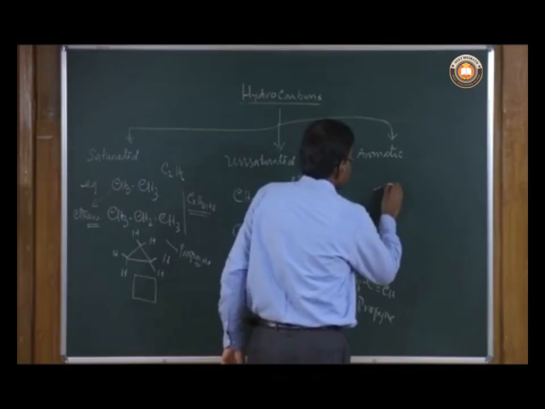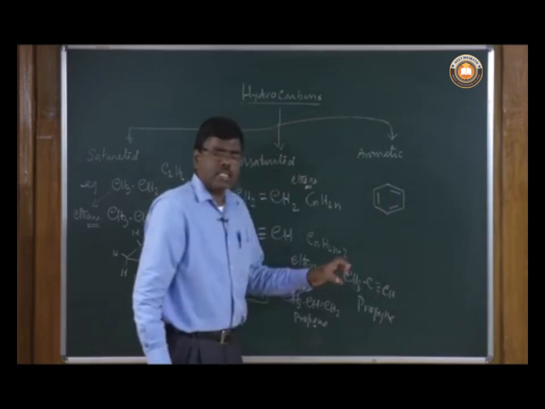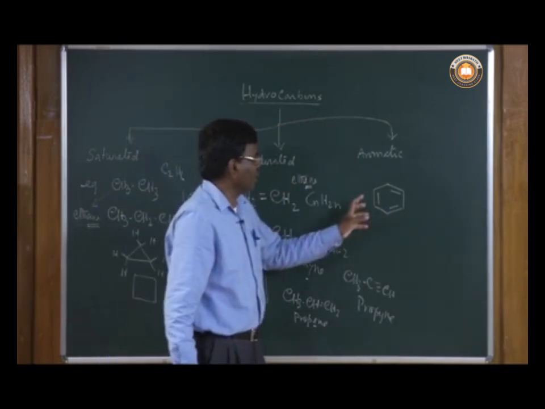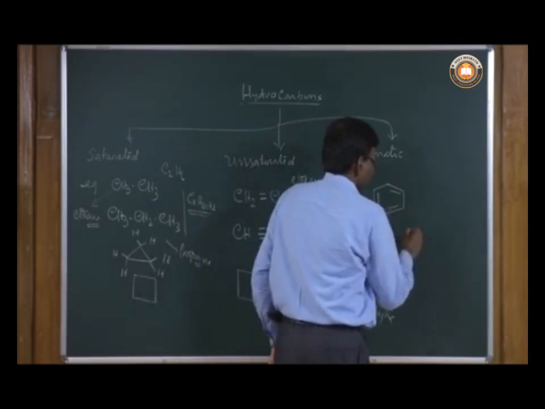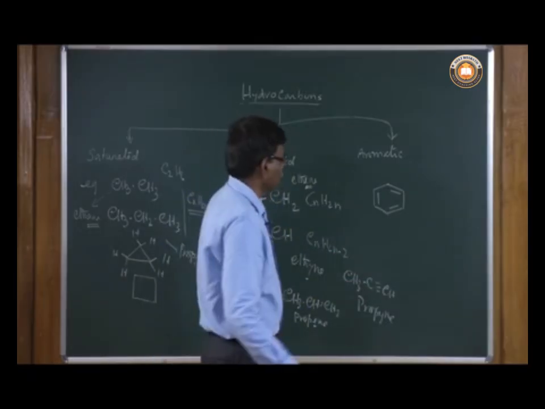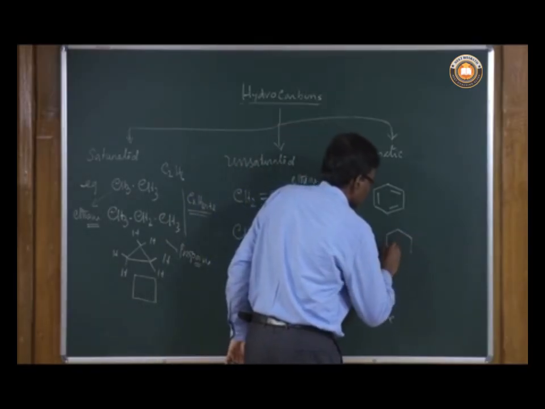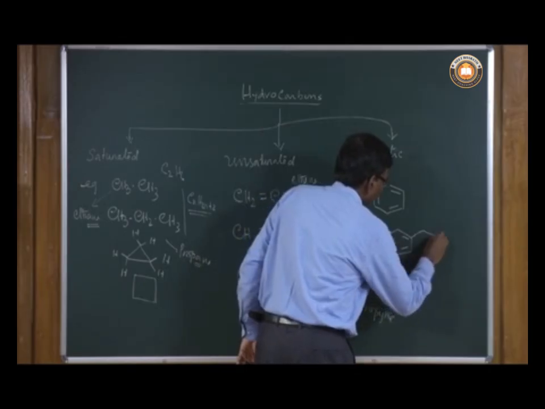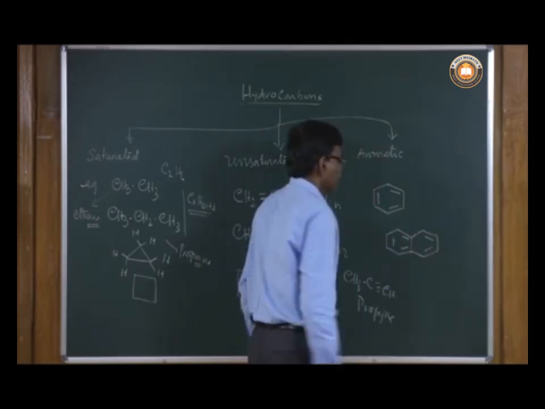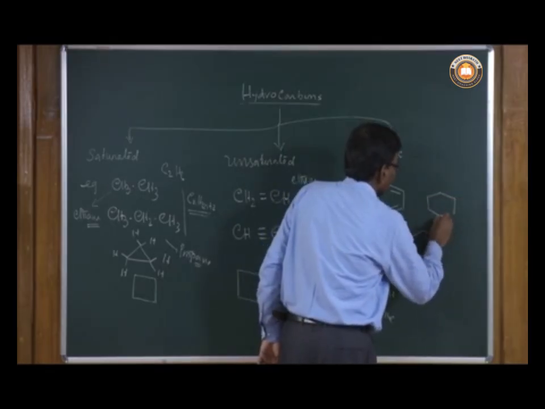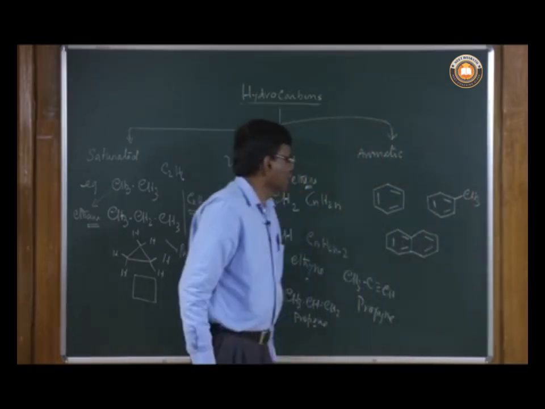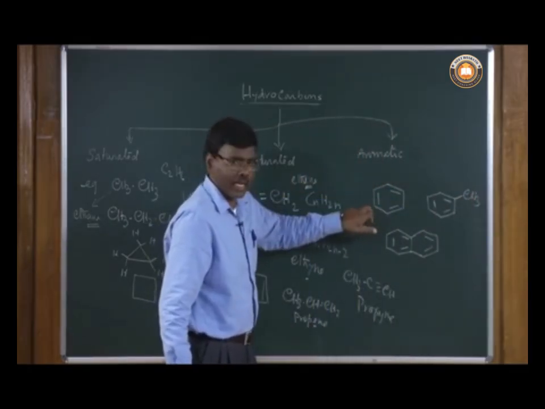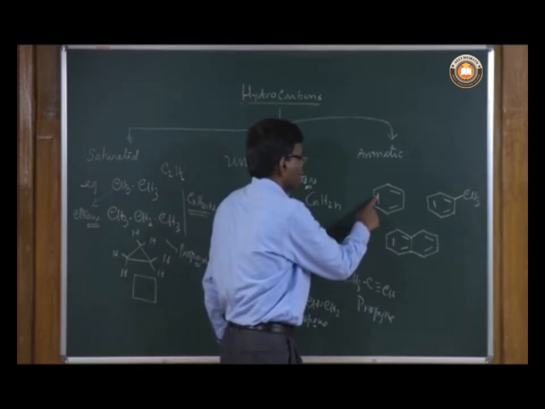Aromatic hydrocarbons. This class of compounds has a benzene ring as a unit, for example benzene or its derivatives. This is a cyclic compound: you have a double bond, single bond, double bond, single bond, double bond.